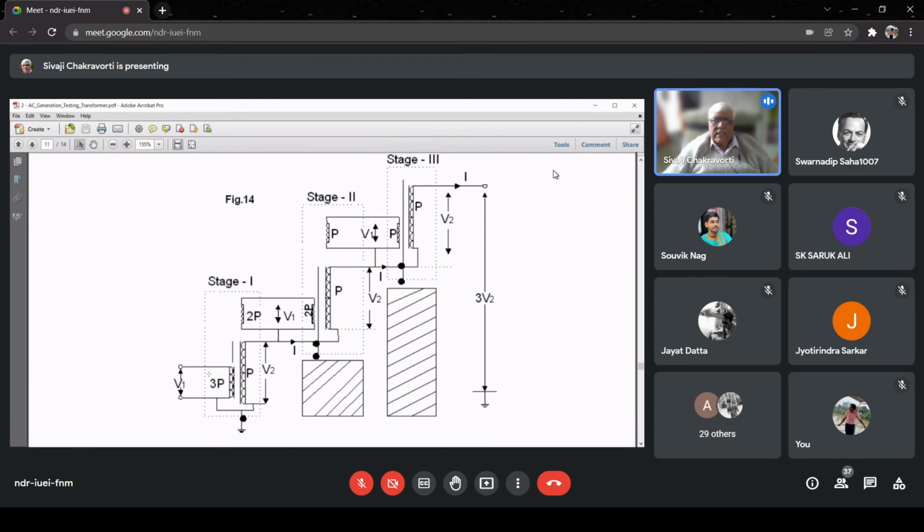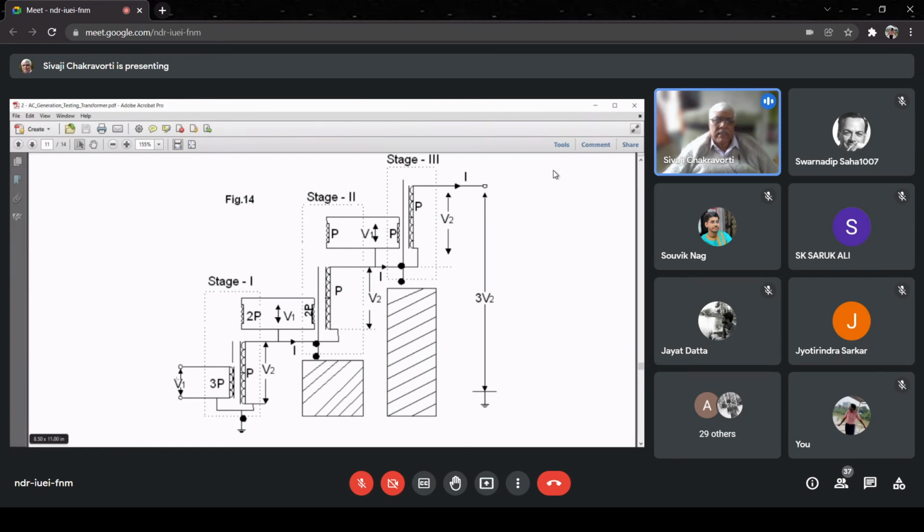Now how are they connected? Their secondaries are connected in series, you can see here. And how the primary is getting supply, that is the interesting part. The first stage is actually getting the supply from the low voltage. And then when we apply V, we get V1, we get V2 as the output. Interesting design is that there is a tertiary winding of these transformers, which has a 1:1 voltage ratio with the primary.